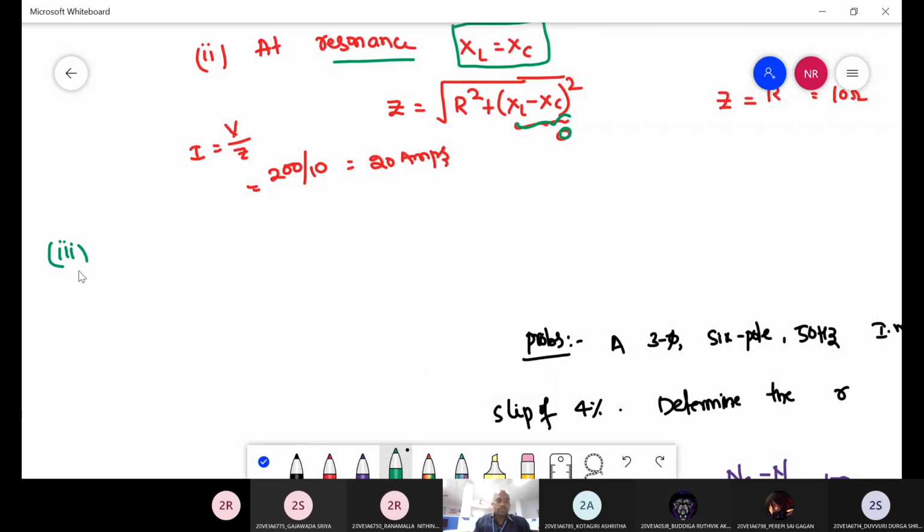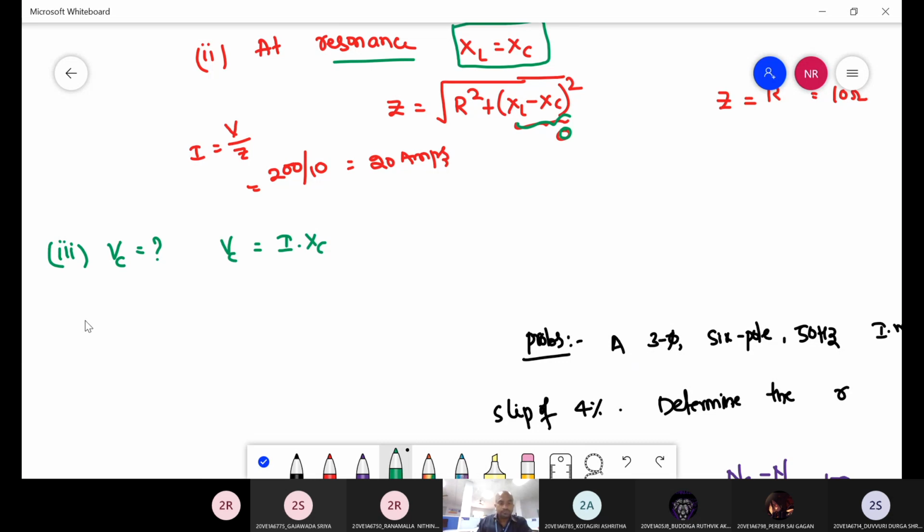We have to calculate the corresponding voltage drop across the capacitor. Voltage drop across the capacitor VC is equal to I into XC. So we have to calculate XC.